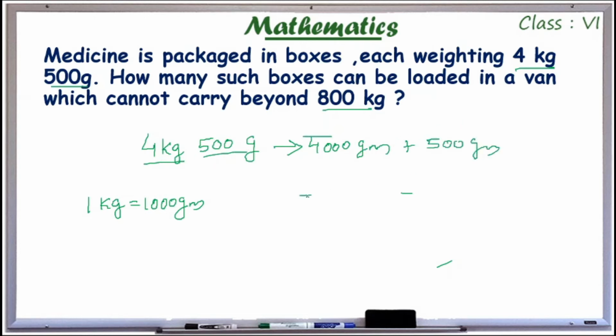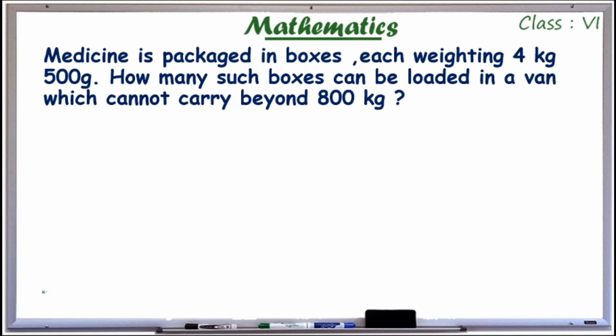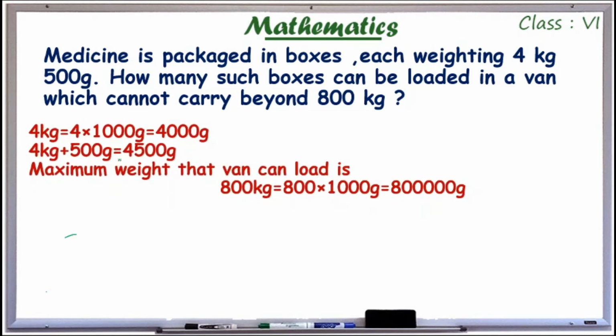So in total I get 4500 gram. So first thing is converting all the units to its lowest unit. Here kilogram is the unit and the lowest unit is gram. So I have to convert all the units to gram. So 4 kilo and 500 gram I can write as 4500 gram.